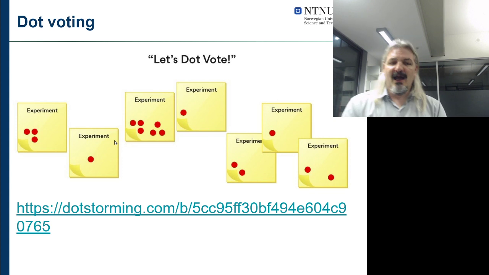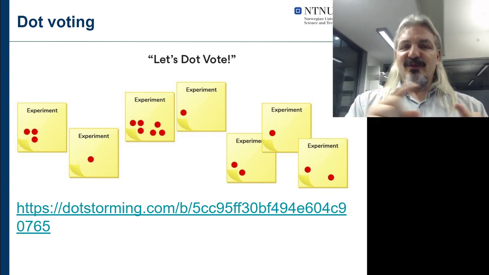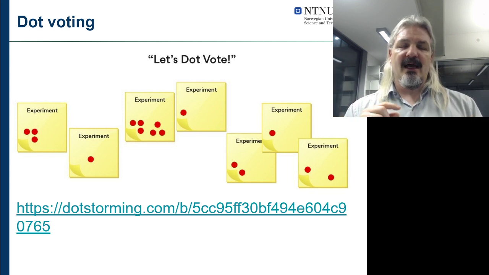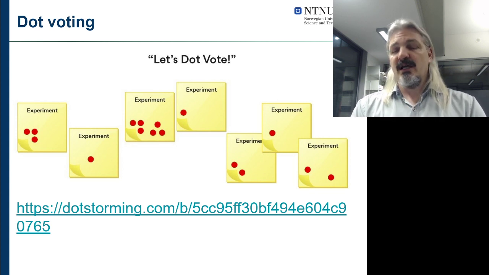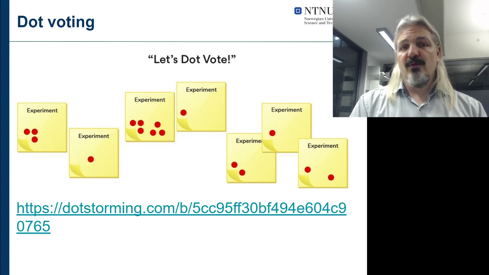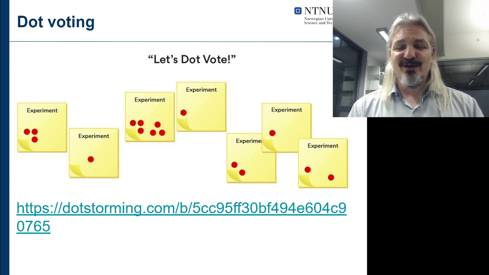Okay, so for our first experiment, yay! You've already had an experience of using GitLab voting to upvote things. So I thought I'd show you a dot storming approach. I actually used this board earlier for my third year class here, where I also discuss voting systems.